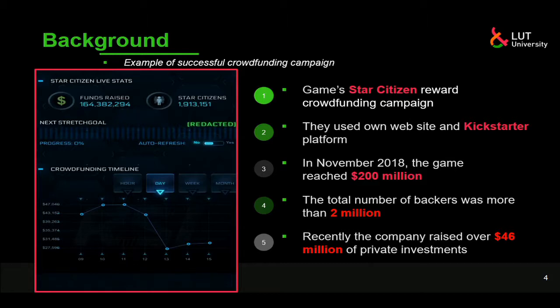They did it through their website and also through the crowdfunding platform Kickstarter. Additionally, they were able to raise some private investments of 46 million euro after this successful raise.